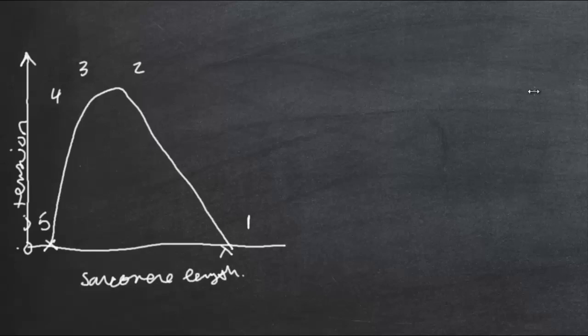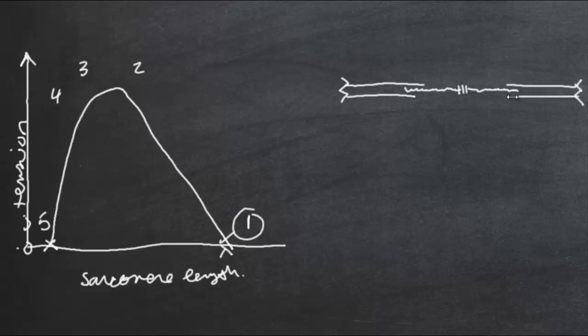So let's first draw what the sarcomere is going to look like right over there. That was actin we just drew, and this is myosin in the center, and these are the Z discs. This is an example of a sarcomere that's very stretched out, and there's not a lot of overlap between actin and myosin.